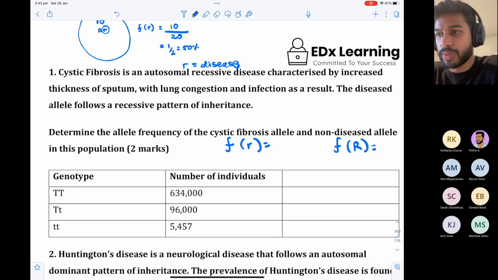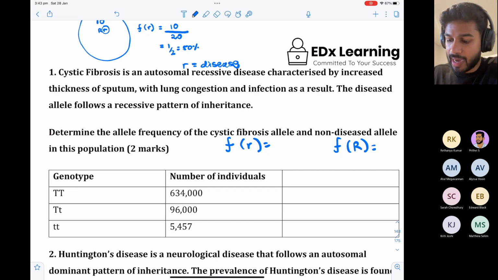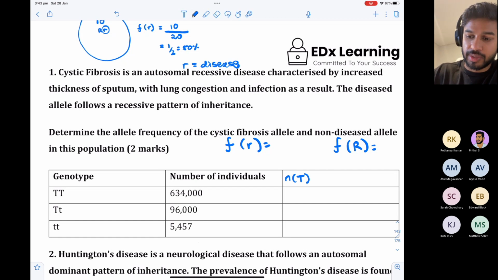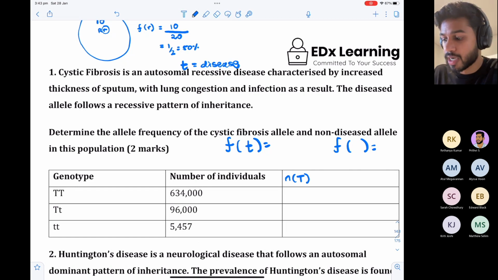What we need to find out is the number of times that the big T letter appears. Let me change everything to T, instead of R, because I used R for disease, and since this question is using T, where little t equals disease, we've been asked to find the frequency of little t and the frequency of big T.